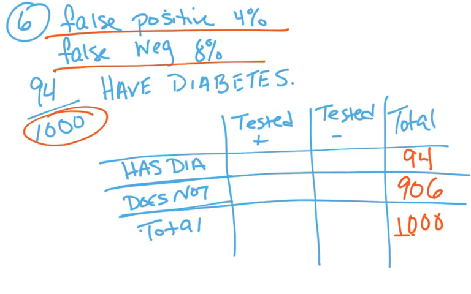A false negative means people who have diabetes but tested negative, so this would be 94 times 0.08. Conversely, a false positive is somebody who does not have it but tests positive, so this would be 906 times 0.04.